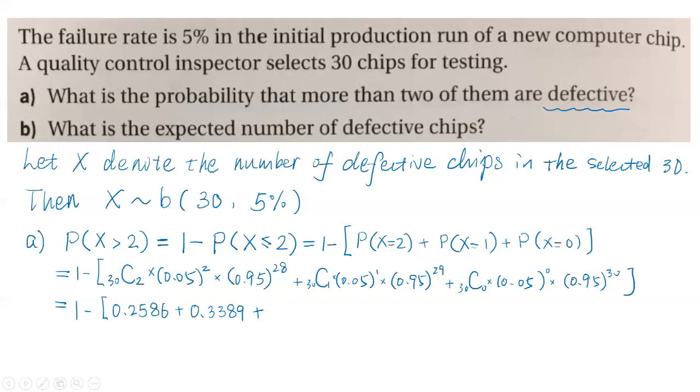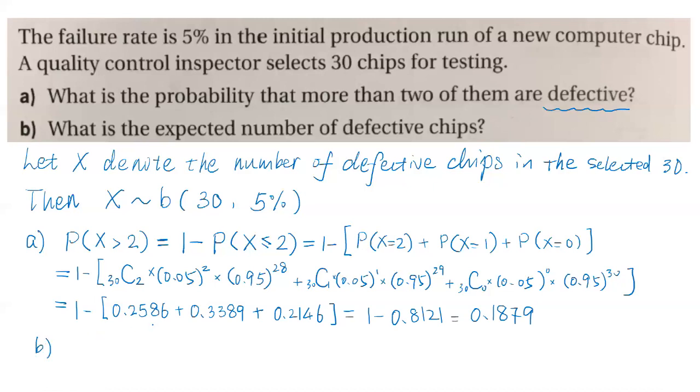Okay, the third one is 0.2146. Okay, so that means the probability we are looking for is 0.1879, right?